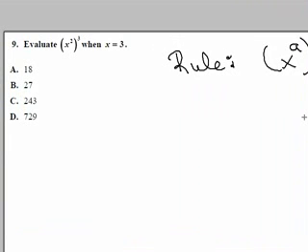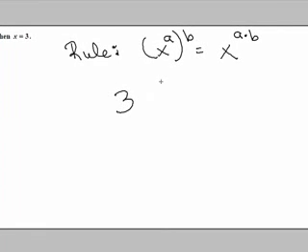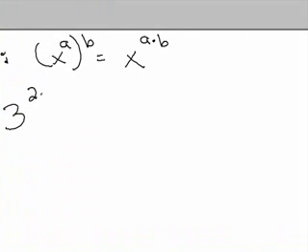So if the exponent is 5, you take that base and multiply it by itself 5 times. You'll get something like this: 3 raised to the 2 times 3 power. Remember, multiply the exponents, get your new exponent, and then take that base and multiply it by itself that many times.